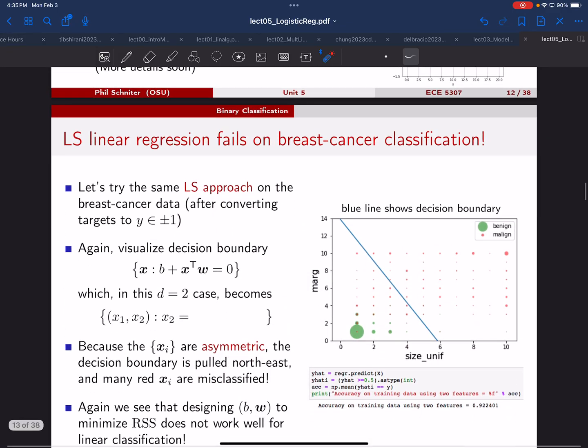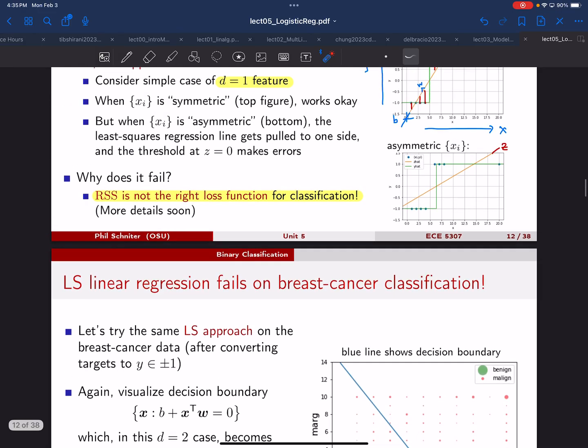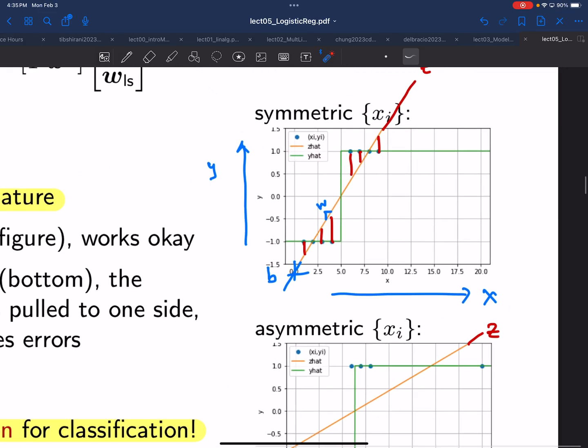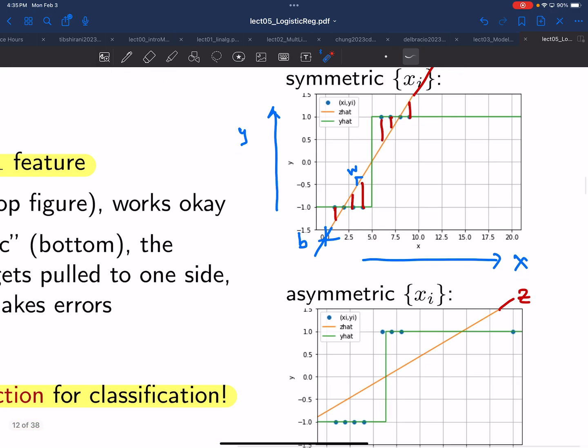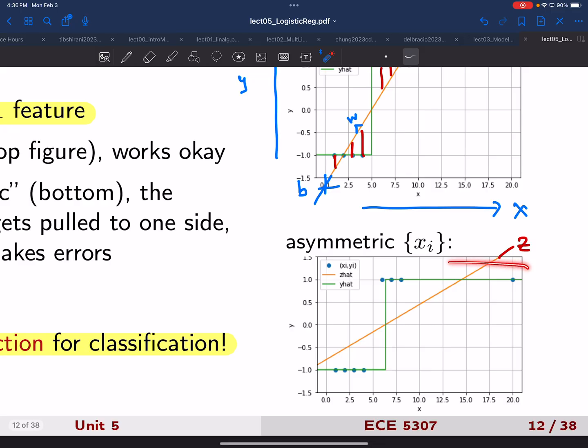Okay, so we can take the same least squares approach and apply it to the breast cancer data set. And we have sort of the same issue. I don't know if there's really any official name for this, but I'm calling this kind of data set symmetric because there's a lot of symmetry in those points. And then this one I'm calling asymmetric because this is spread out more than this.